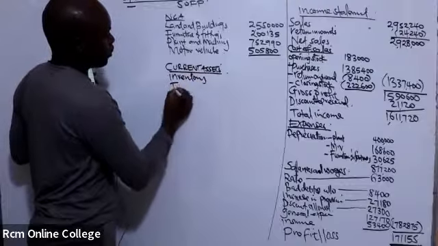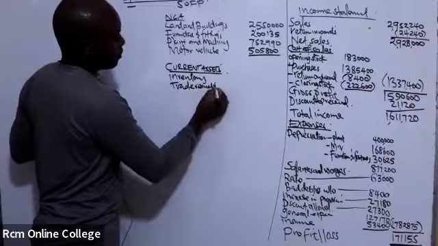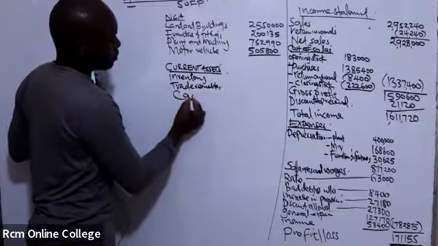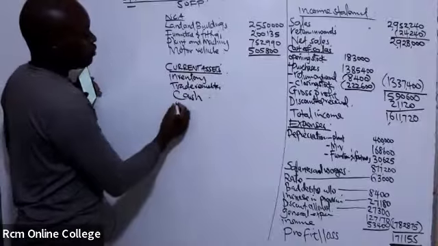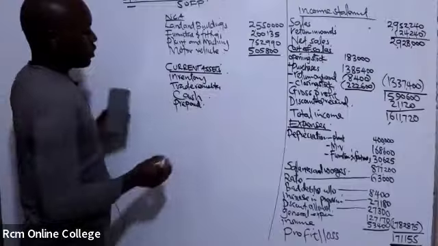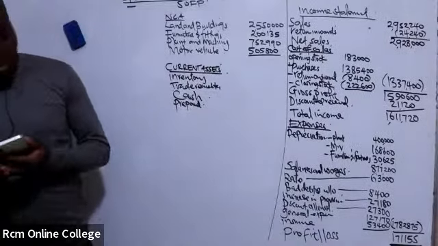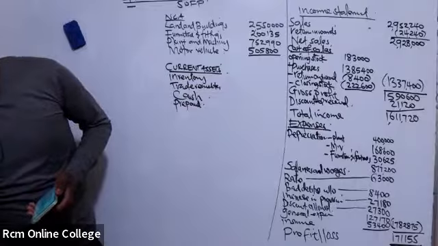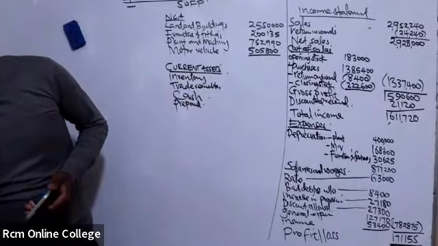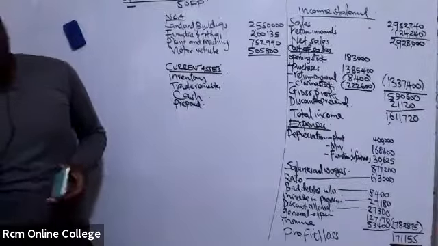So current assets, we start with the inventory, then trade receivables. Then we have cash, right? Then we have prepaid, it was prepayments. Oh, I'm given the figure. Why are we getting different figures? Ruth and Mercy are getting different answers.